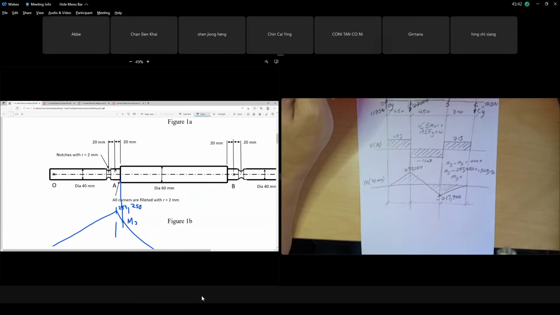Dia cakap all corner fillet radius 2. You mean you have a radius ni. Radius 2mm. So you have stress concentration there. Also to the left of you, you have groove. You can see groove. You have a notch. Ini yang point weakness. The weakest point actually is not at A tu, yang offset to the left 20mm and also 20mm to the right. This point also you kena bring down to your moment diagram.